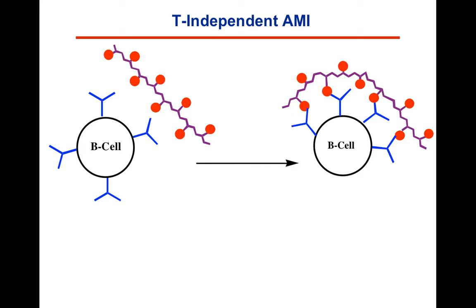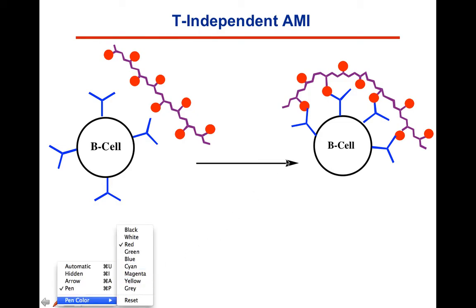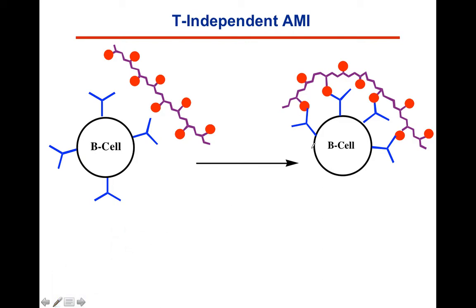Now, most always they're IgM. And what you'll see is that there's a clustering. These get clustered together, and they form a cluster in which they interact with the antigen.